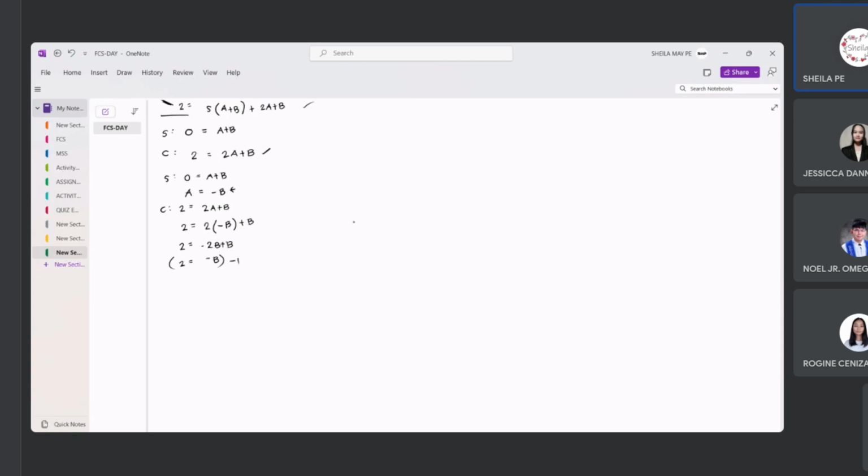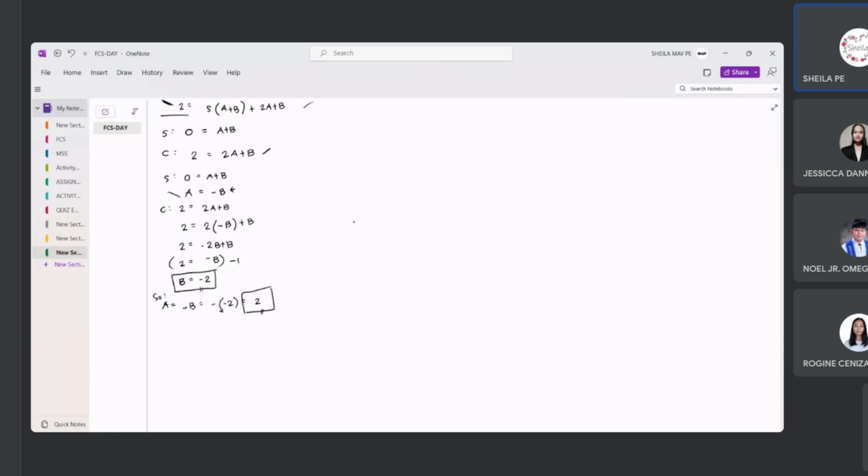So you multiply by negative 1, and we have B equals negative 2. We already have our B. Since B is given, we can now get our A. So A equals negative B, which is negative of negative 2, which is 2.